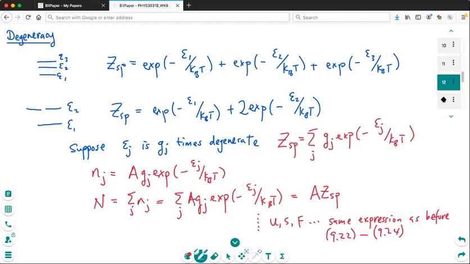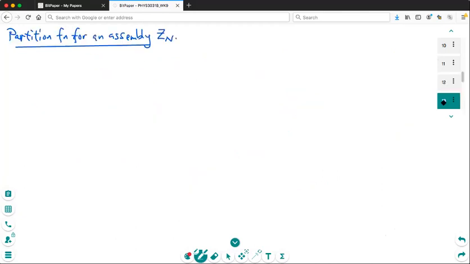Now this is just to take a note about this, and this is more important. This is something we will use again when we look at gas. Now we are still talking about distinguishable particles. So when we look at gas, this will become very important to distinguish.